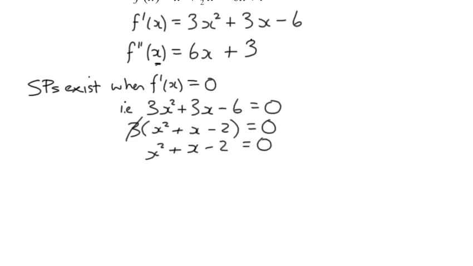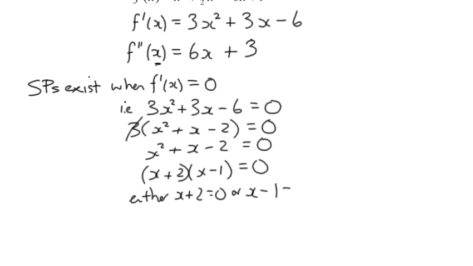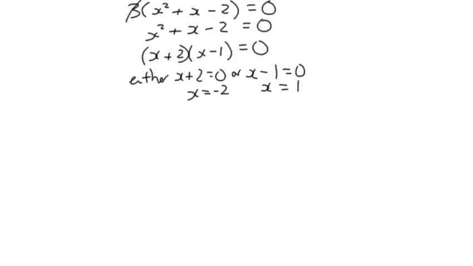That simplifies it. We're going to have a trinomial factor here, x plus 2, I guess, and x minus 1, which means that either x plus 2 equals 0 or x minus 1 equals 0. So our solutions are x equals negative 2 and x equals 1.